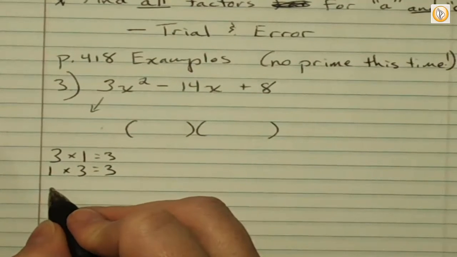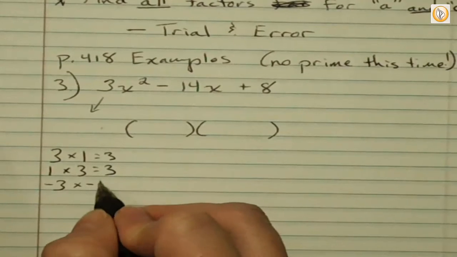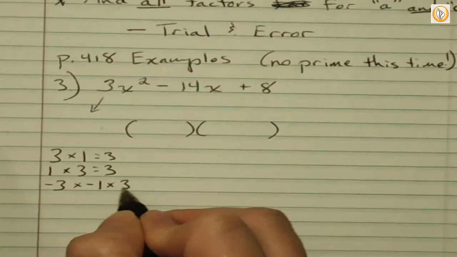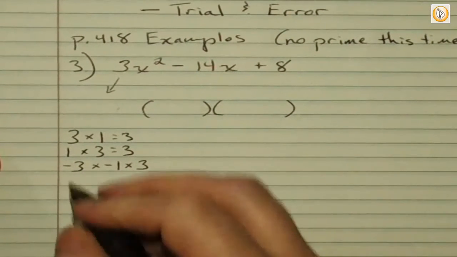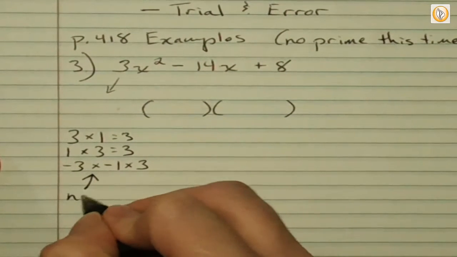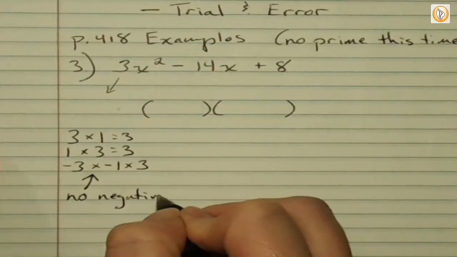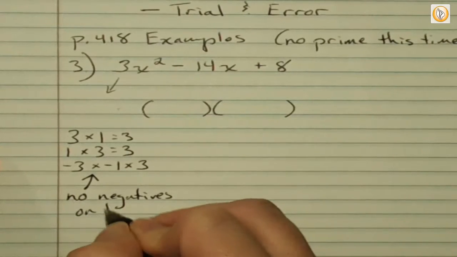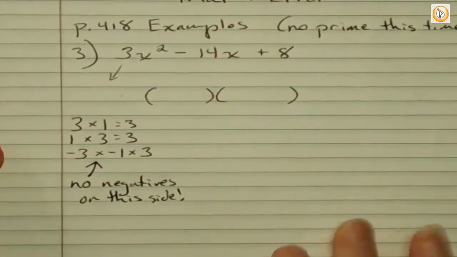Now, listen carefully. Yesterday I said include negatives. So -3 times -1 equals a +3, correct? However, no negatives on this side. Which side? This side.